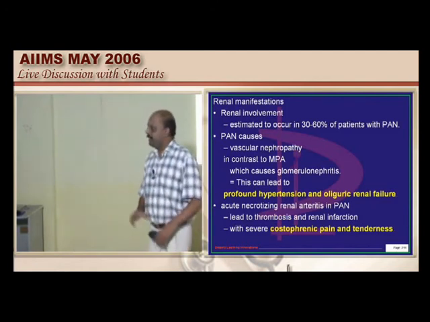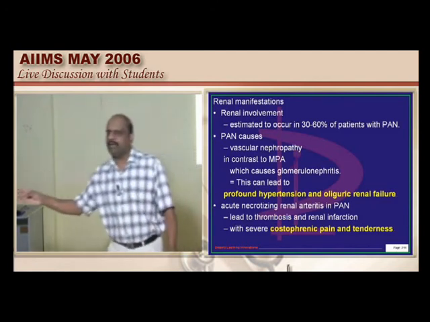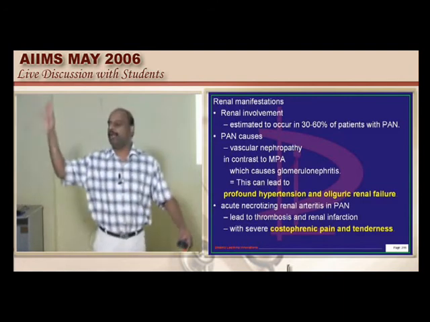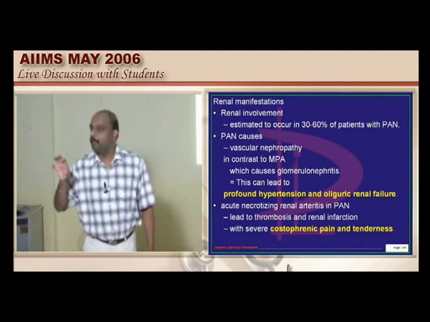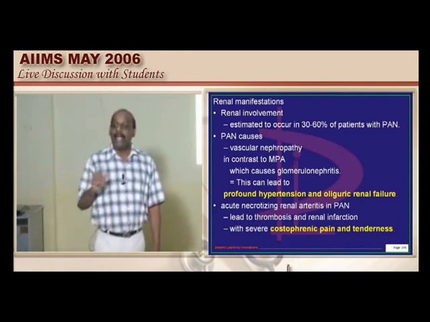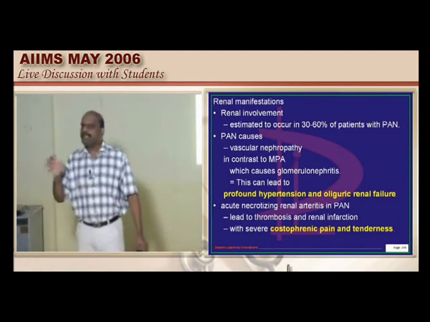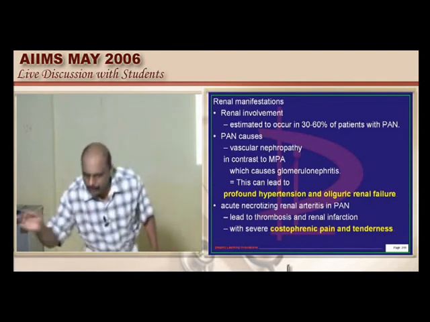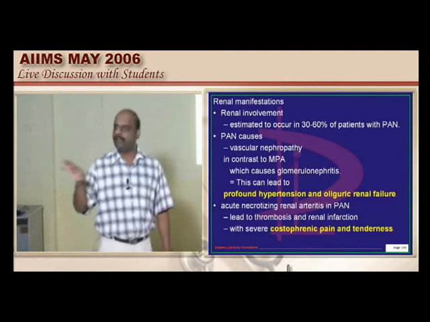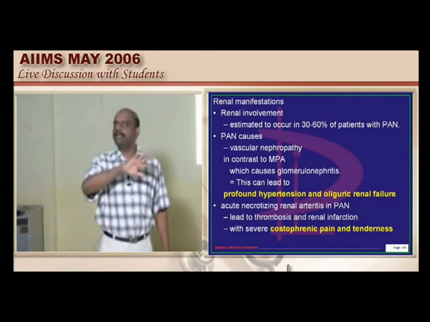Now there is a very close entity, like the twin brother of polyarteritis nodosa, which you need to know. It is called microscopic polyangiitis, MPA. What is the single most important difference between the renal involvement of microscopic polyangiitis versus that of polyarteritis nodosa?